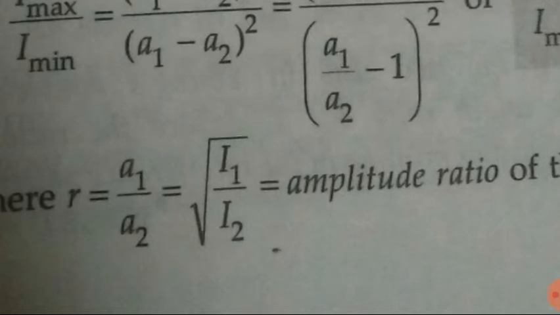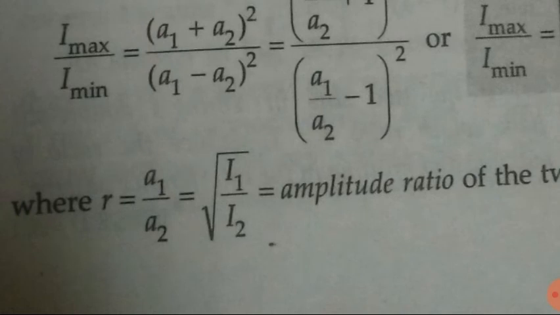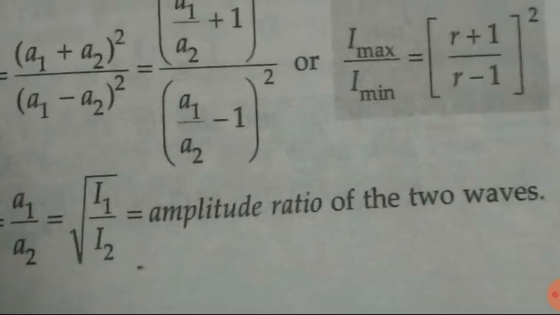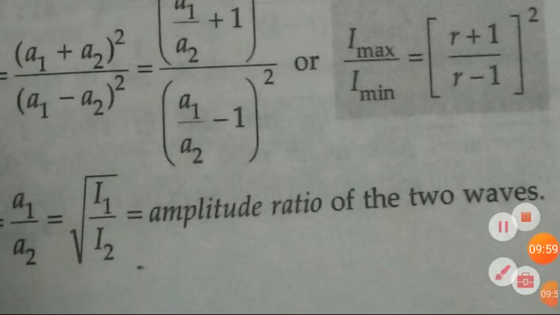So r equals A1 upon A2, which means A1 upon A2 equals under root I1 upon I2, which is the amplitude ratio of the two waves. A1 and A2 are the amplitudes, so it is called the amplitude ratio.